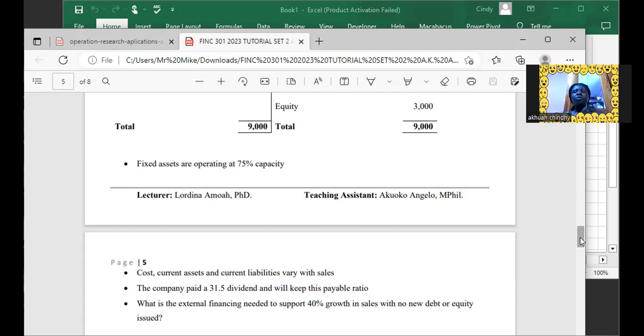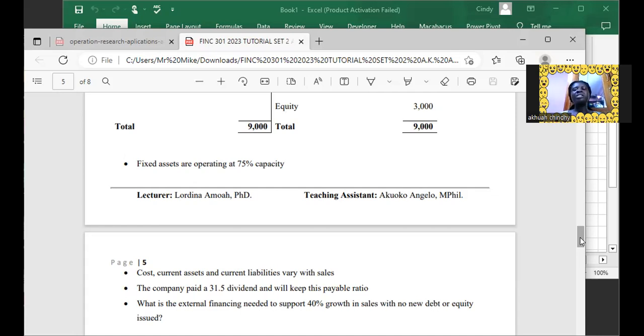We should also bear in mind that equity has two ways of increasing. One way is issuing new equity: you issue new shares on the market, people will buy, and your equity will increase. The other is retained earnings. Retained earnings move with equity, so your equity can expand if your retained earnings are increasing. Though you've not issued new shares, because of your retained earnings, your equity will also increase.